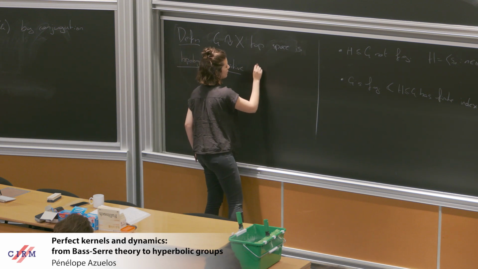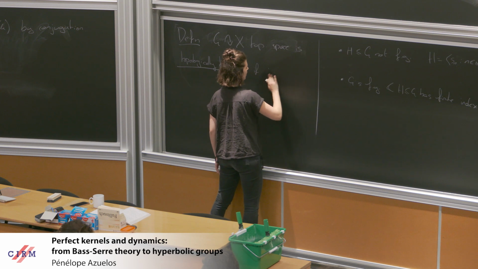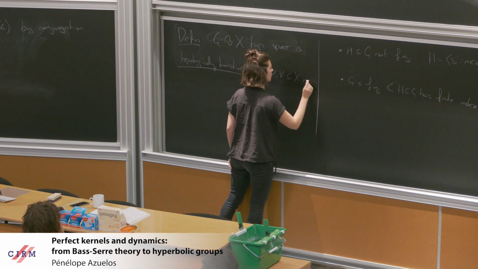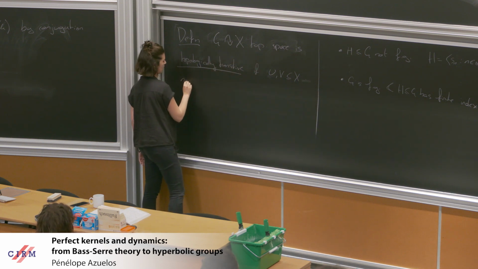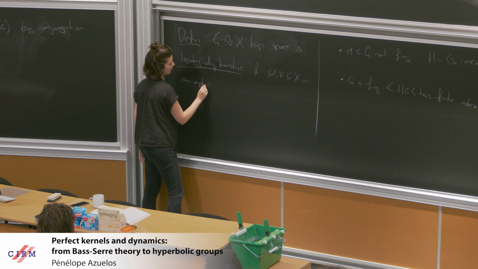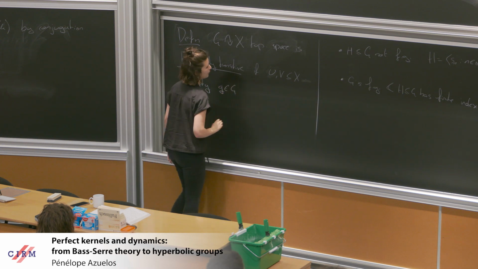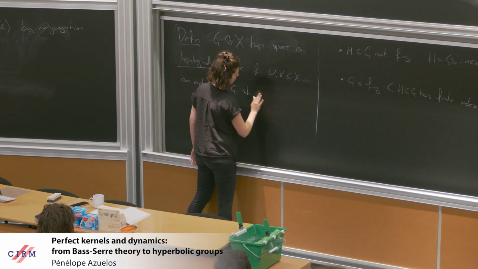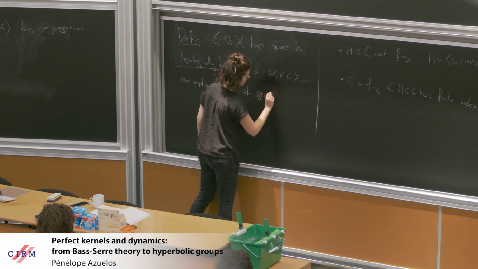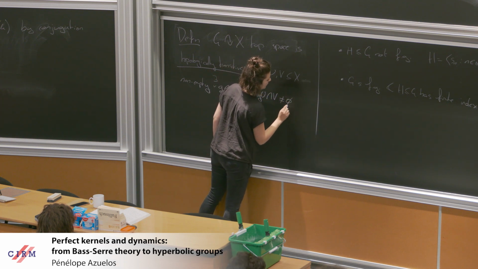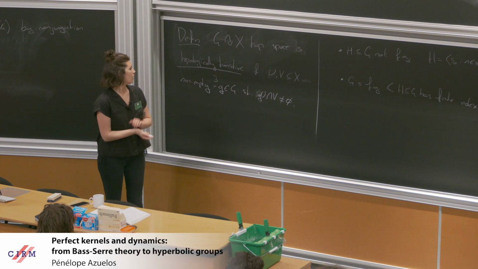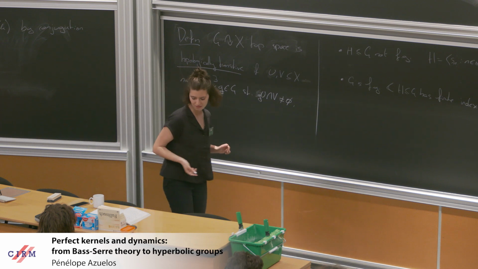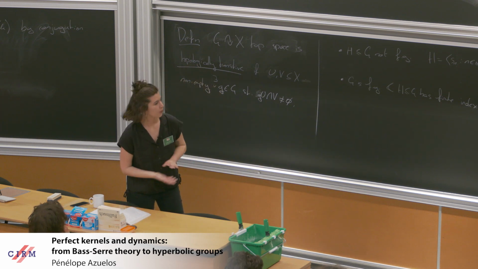So this holds if given two non-empty open subsets U and V in X, you can always find an element g in your group such that the translate of U by g intersected with V is non-empty. Okay, and so there is one condition where this holds.